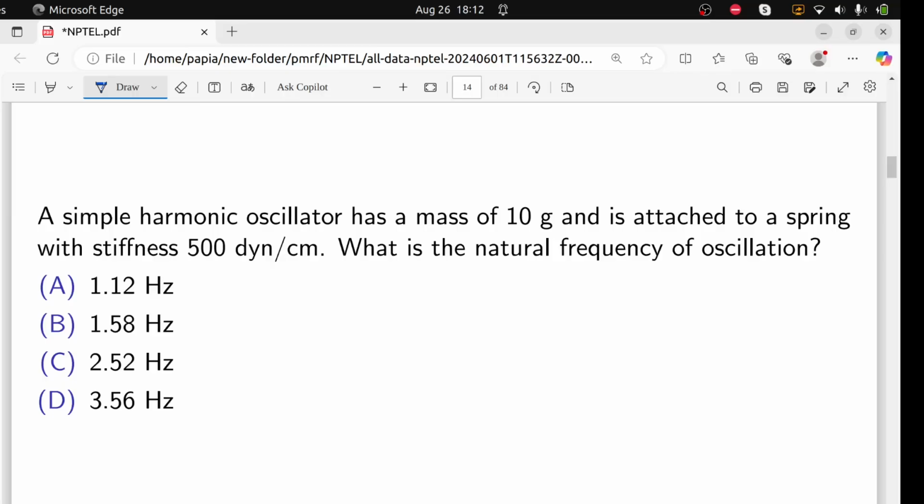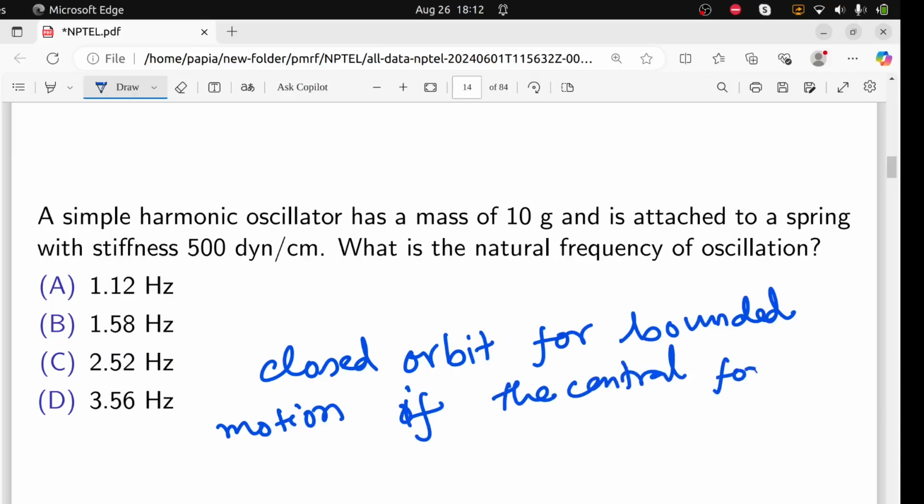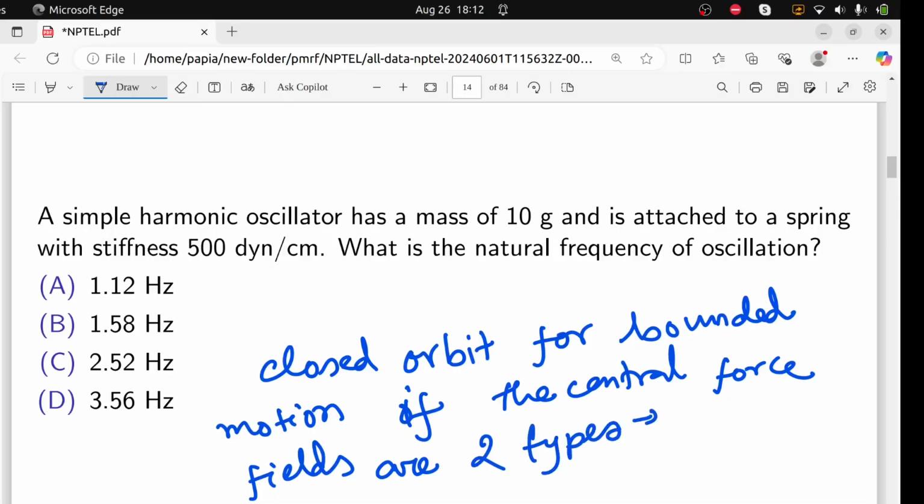We know Bertrand's theorem told that we have a closed orbit for bounded motion if the central force fields are of two types. So what are the types?